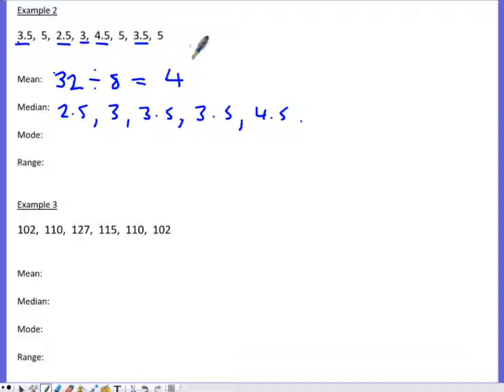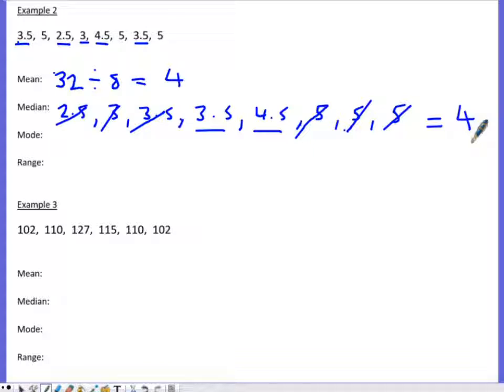And then 5, 5 and 5. If we work our way into the middle, we're left with 2 things in the middle. So this time, the median is the middle of the middles, and in between 3.5 and 4.5 is 4.